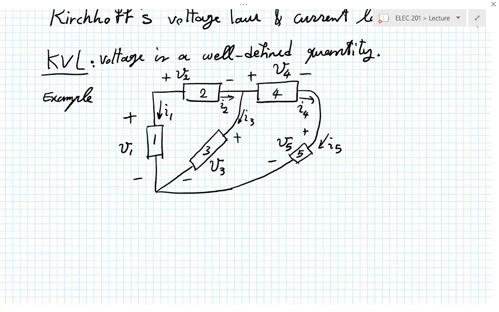So you would have a potential here with respect to some reference, and another potential here with respect to some reference, and another potential here with respect to some reference, and another potential here with respect to some reference. KVL is saying that these are well-defined quantities, in that if you start from one point and go around the circuit and come back to that same point, you have to obtain the same value.